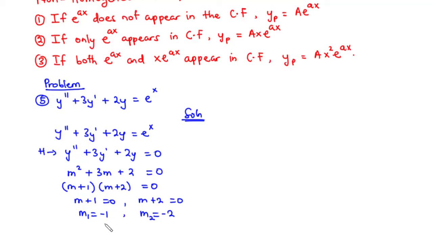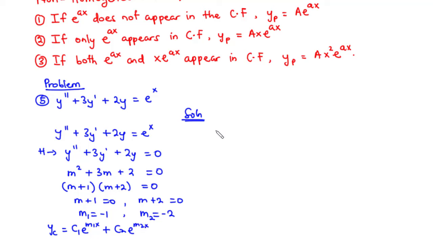Now since we have two real and unequal roots, we have yc, which is the complementary function, the general solution of the homogeneous differential equation, giving us c1 e to the power m1x plus c2 e to the power m2x.